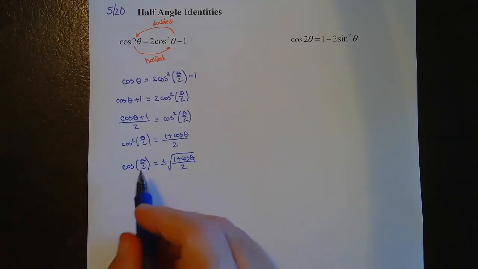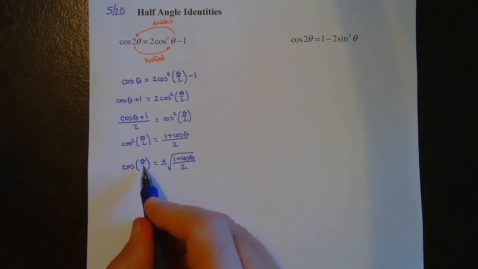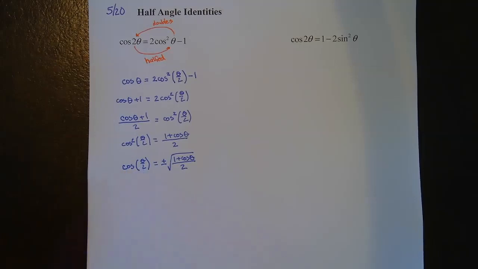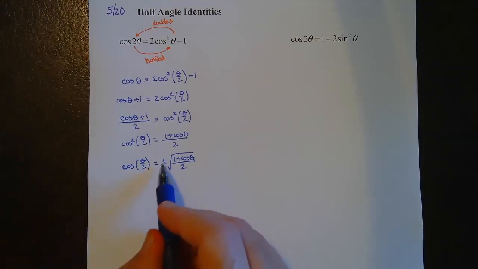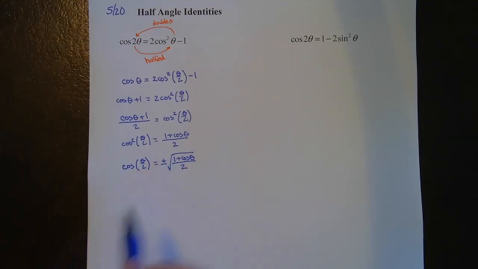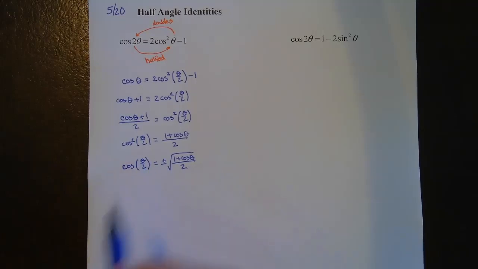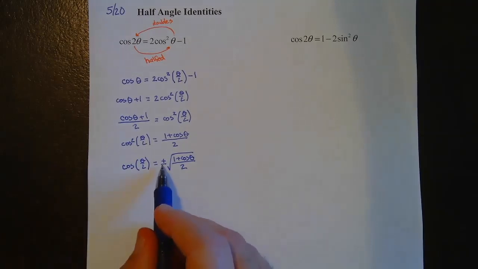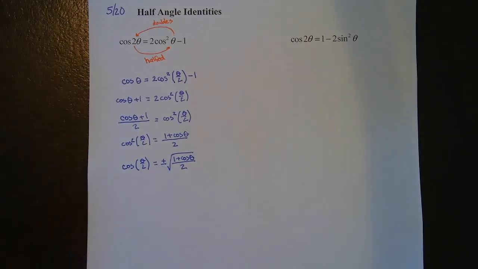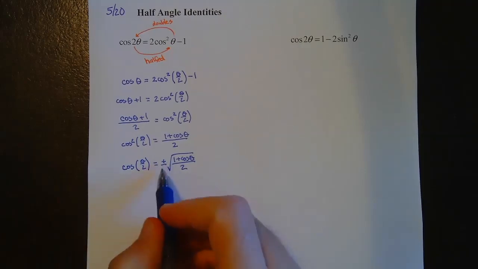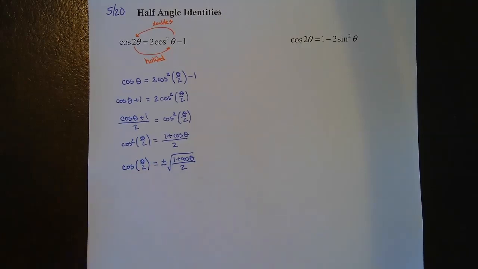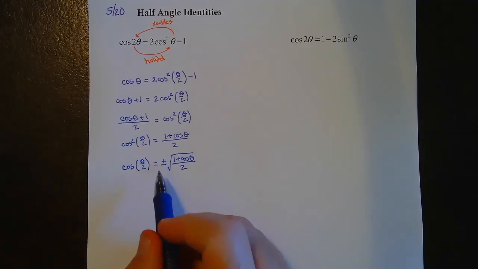But if the angle theta over 2 were in the first quadrant, then we would pick the positive one, and it would just be the positive square root of 1 plus cosine theta over 2. If this angle theta over 2 happens to be in the second quadrant, then we would pick the negative because cosine is negative in the second quadrant. That's how we're going to determine whether it's positive or negative. So I don't want you to think, oh, it's both. No, it's either one or the other.